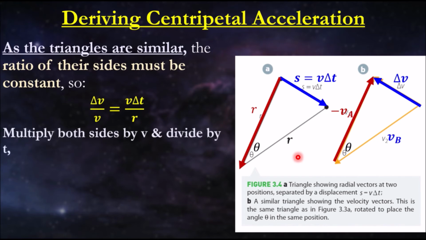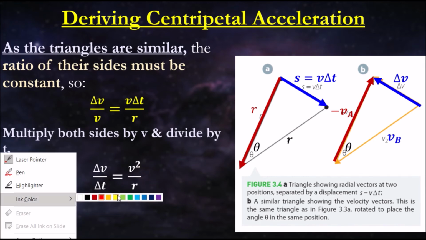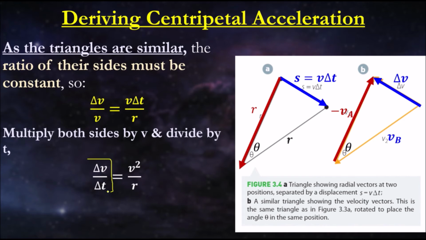So multiply both sides by V, so I want to get rid of this V here, and divide by T. Okay, that'll give me this equation here. Delta V divided by delta T equals V squared over R. Now, what you can see in this equation is this bit: you have change in velocity over change in time.